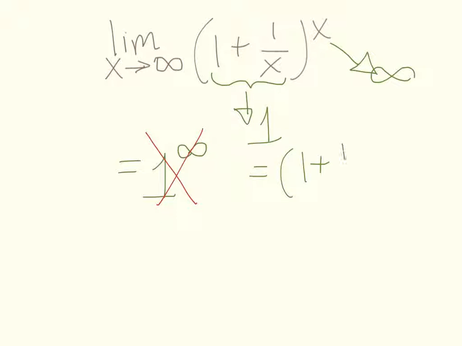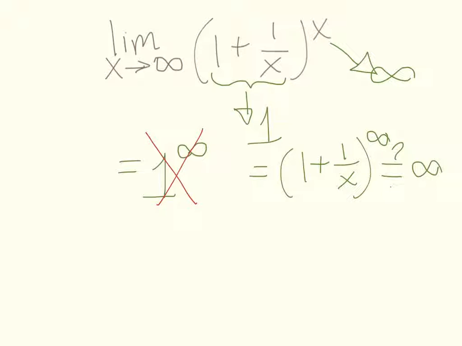It's (1 plus 1 over x) to the infinity. And if I have something a little bit bigger than 1 and I raise it to an infinite power, maybe that's equal to infinity. And so this form, 1 to the infinity, is another type of indeterminate form.